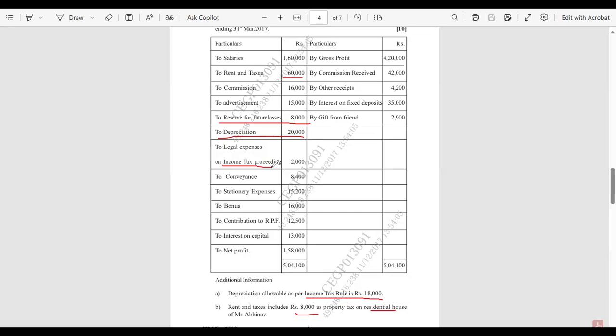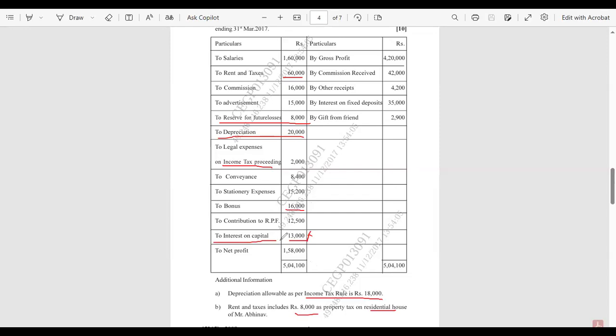So considering the same, the legal charges are not my business expenses. Then bonus is not my regular activity, that it is my business to give anybody bonus. Contribution made to RPF is allowed in equal installments, whereas interest on capital is additional burden. This will not be allowed.